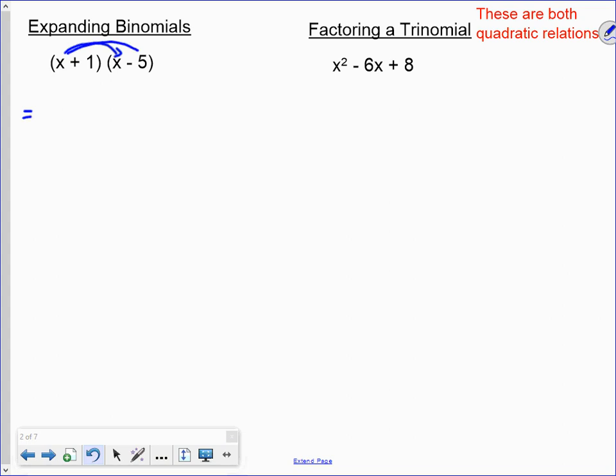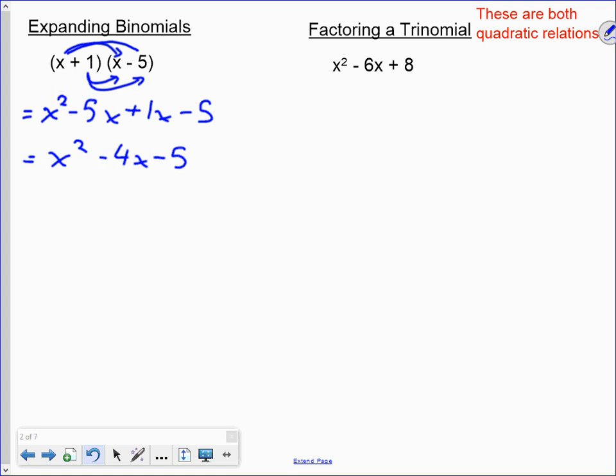Our first two terms gave us the x squared. Our outside two terms gave us the negative 5x. Our inside two terms gave us a plus 1x, and our last two terms gave us a negative 5. After we collected like terms, we ended up with x squared minus 4x minus 5.